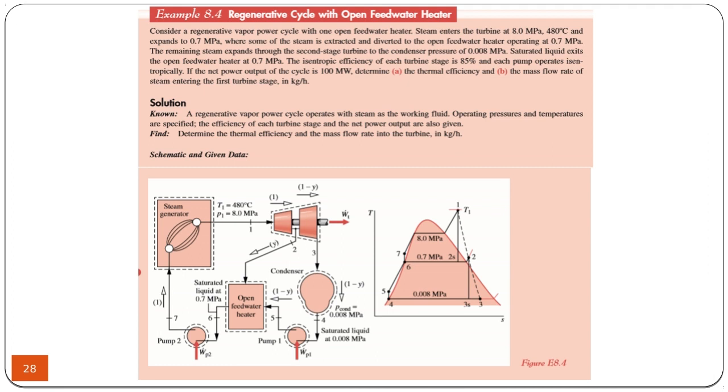As a numerical example, we have a vapor power generation cycle with an open water heater. The boiler temperature and the pressure are the same as the previous one, so it's still 8 megapascals.